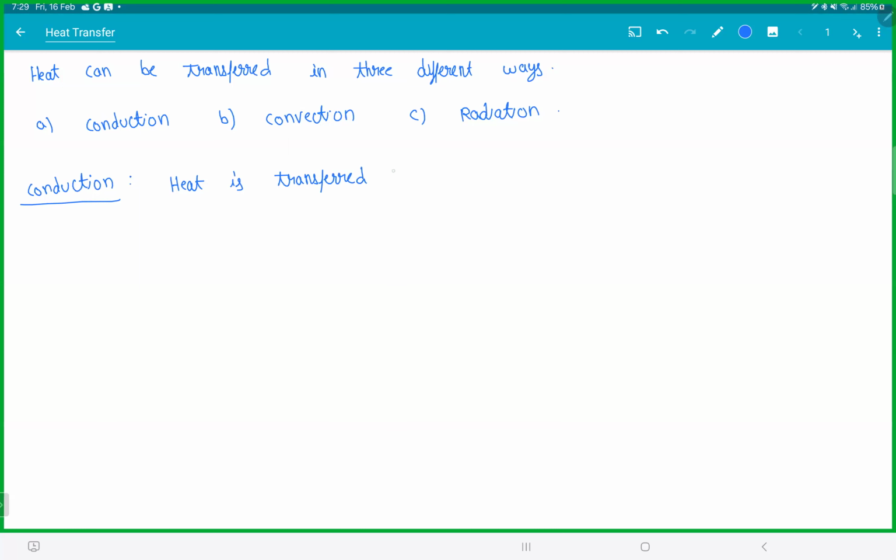So heat is transferred from one point to another due to molecular collision. There is no actual transfer of matter.